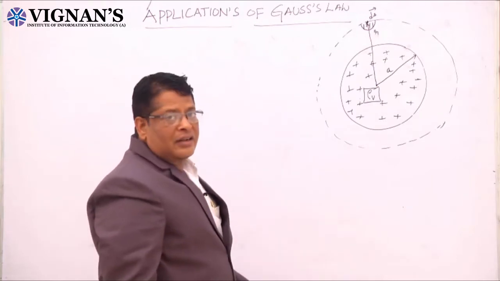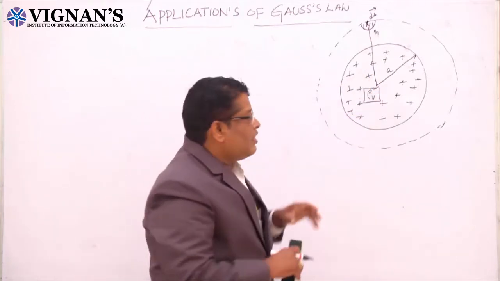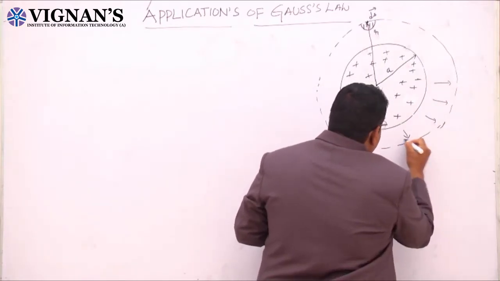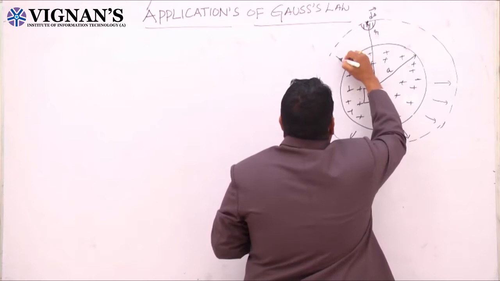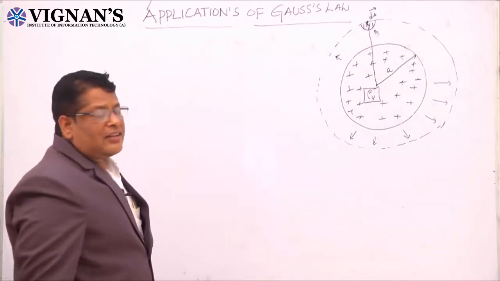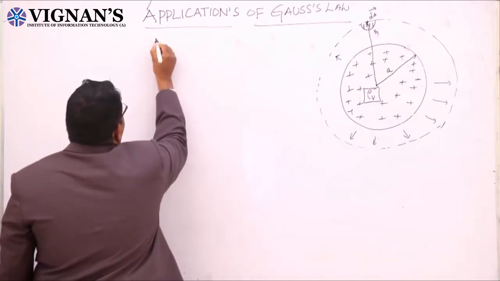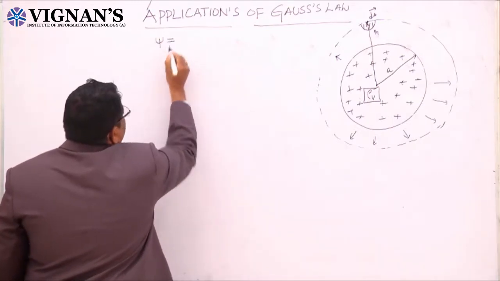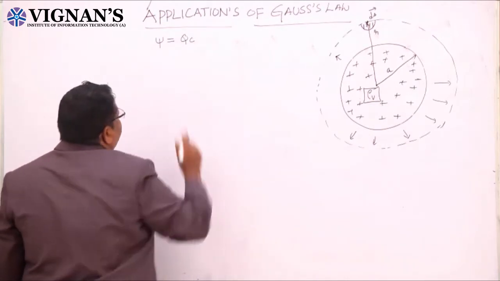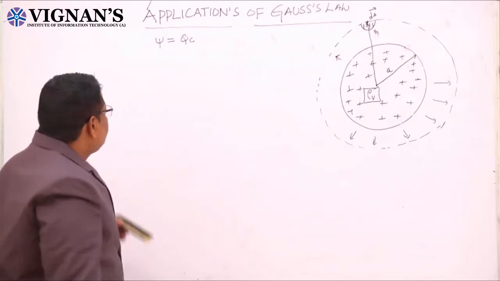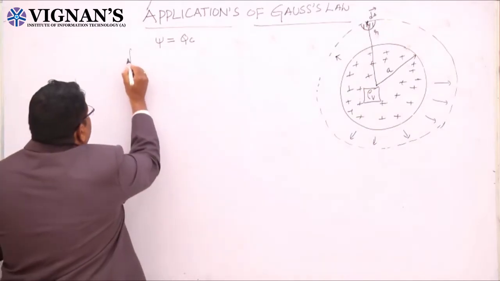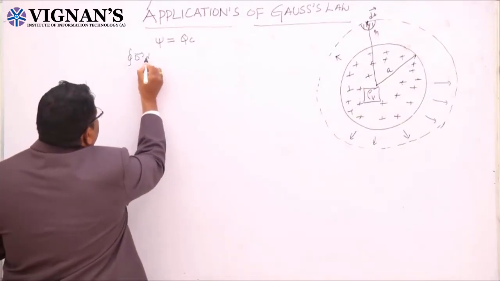Again, from this charged body, the flux is in a radial direction. Now we are applying the Gauss law. From the statement of the Gauss law, the charge leaving the Gaussian surface is equal to the charge enclosed by the Gaussian surface. The charge leaving the Gaussian surface we can write as the surface integral of D bar dot ds bar.